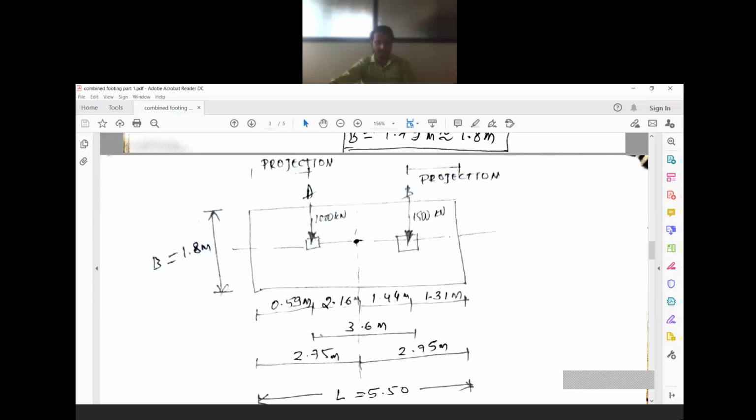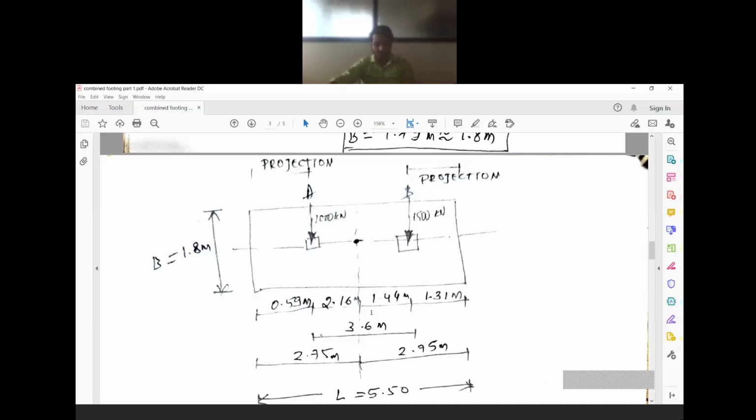And also we know from column A to column B, we have 3.6 meter. So what is the distance of the resultant from column B? Calculate the distance from column B to the resultant. So 3.6 minus 2.16, I will get 1.44. See, 1.44 meter.